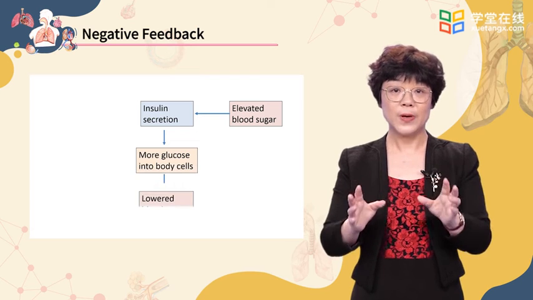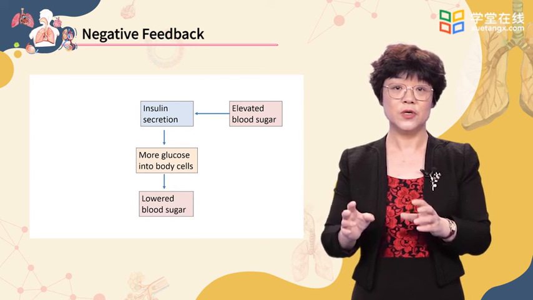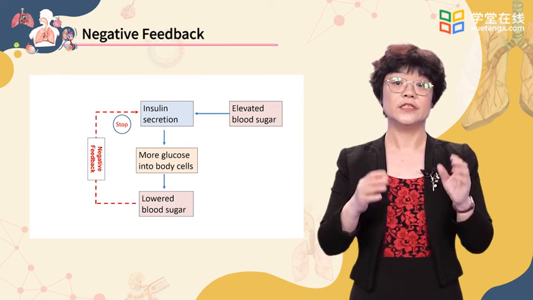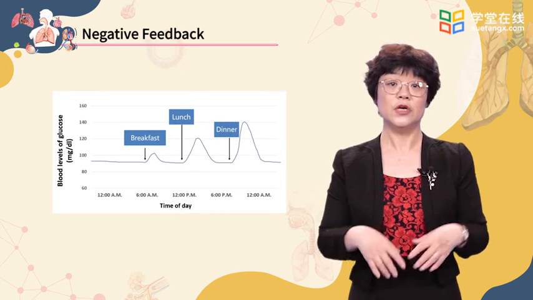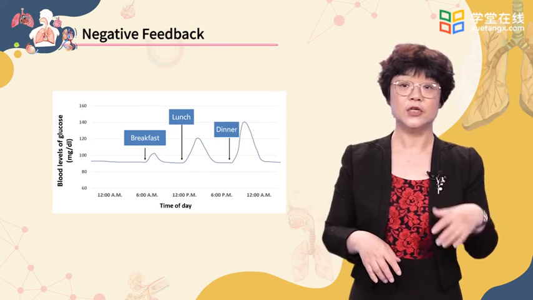And as blood sugar falls, the stimulus for insulin release is shut off. So every day our blood glucose fluctuates as we eat or drink. It is through negative feedback mechanism that our blood glucose level remains within a normal range.